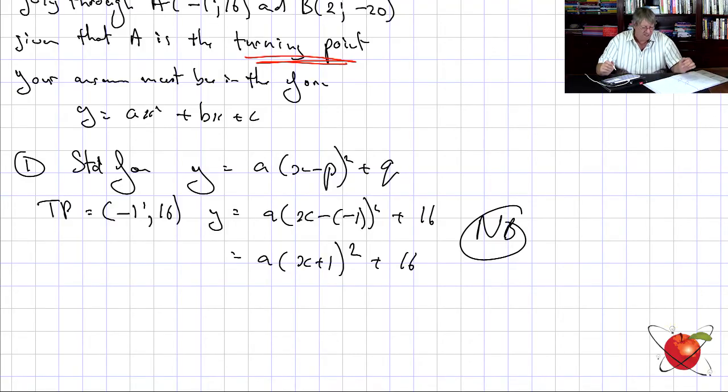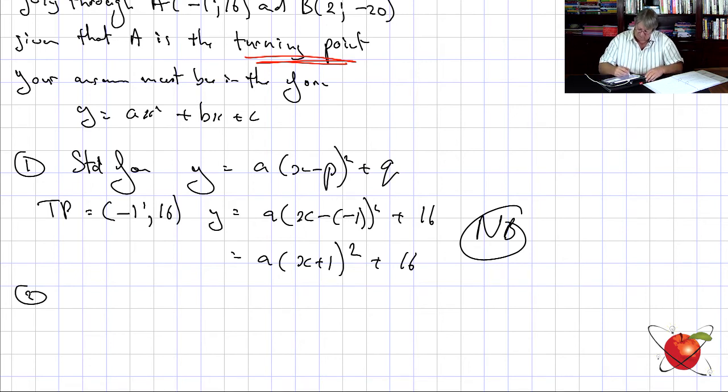NB. When you put that in, remember, I know we've said it a dozen times, remember to put your p in as negative, it changes to positive. Okay, so we've got that. Then what do we say next? The recipe said then put in the next point.